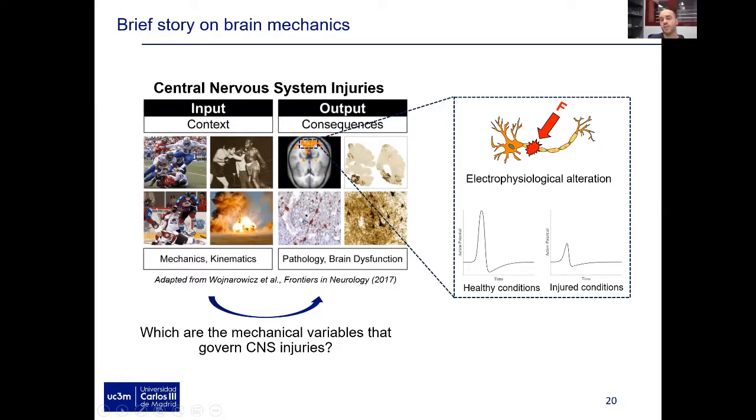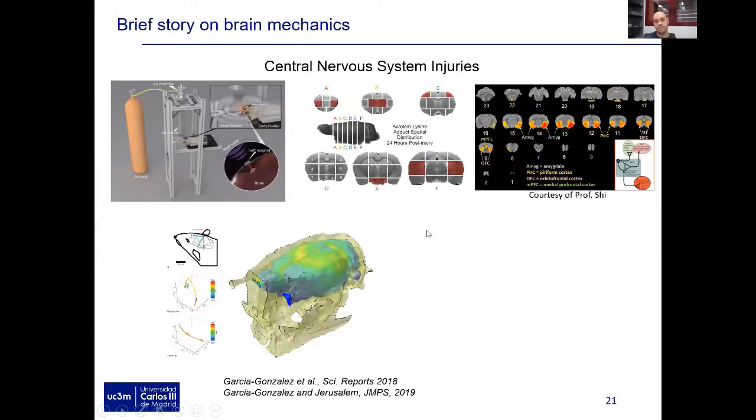What we know is that if we go to the cellular level or tissue level, all this brain dysfunction is quite related to the propagation of electric signals along the central nervous system. And there is evidence from some mechanical works that if we introduce some mechanical deformation, we are somehow damaging or altering this action potential, this electrical signal. So in order to study that, we did this in collaboration.